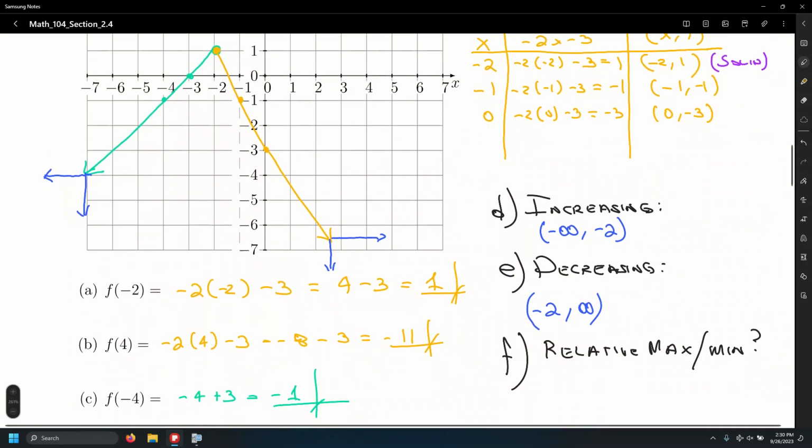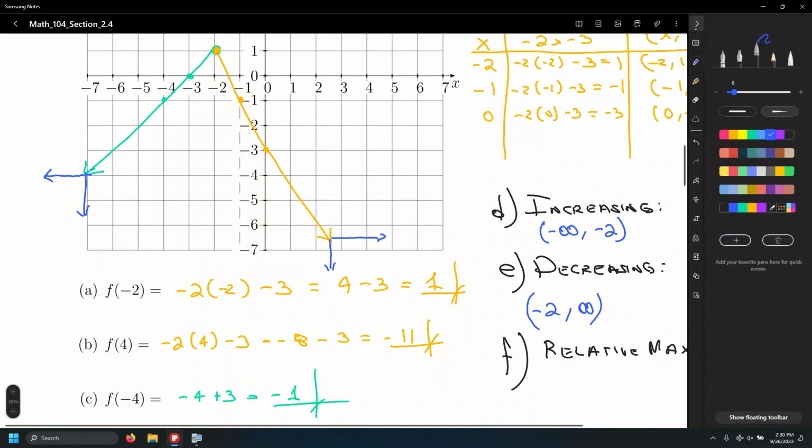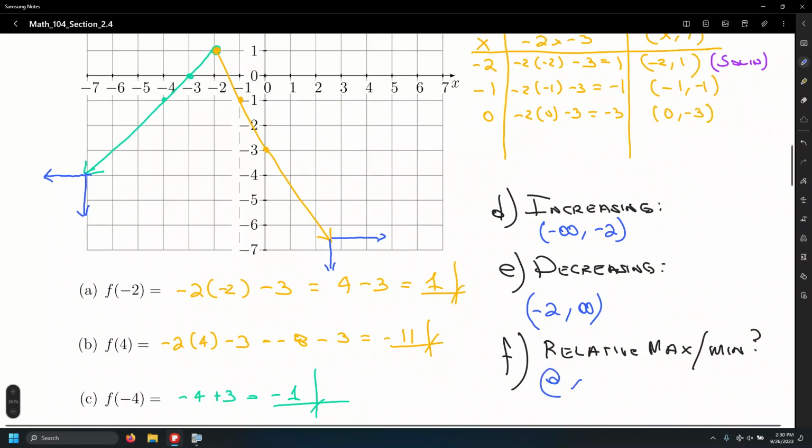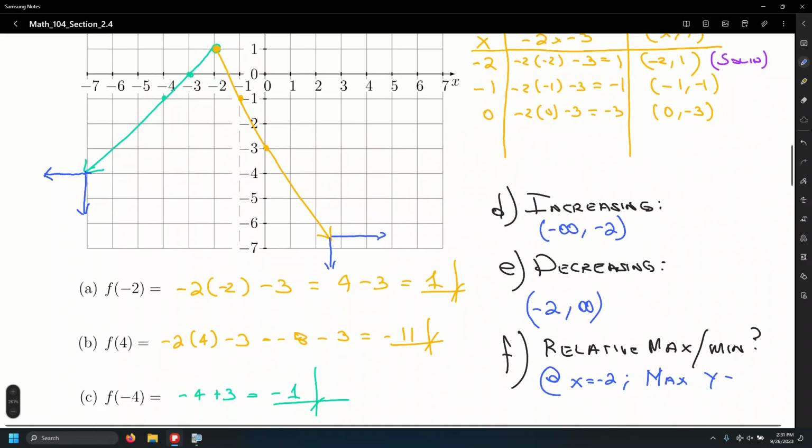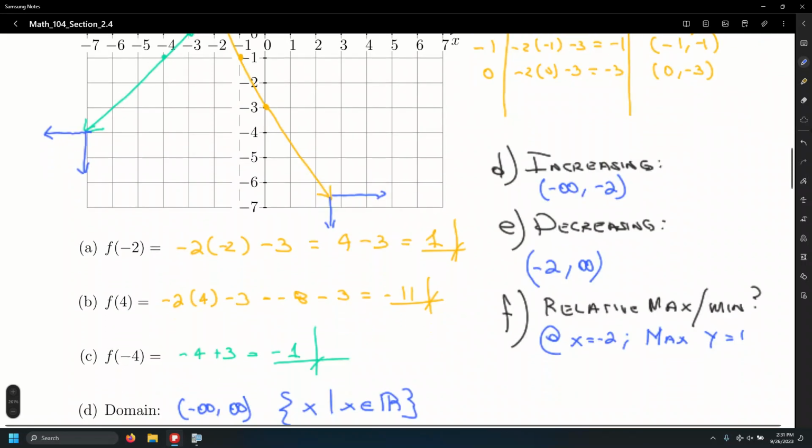And what is that? At which value of x, by the way? At x equals negative 2, we have a maximum. What's the y value? It's 1, right? So no minimum, right? No minimum.